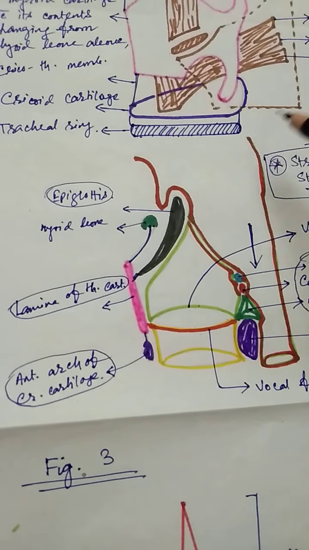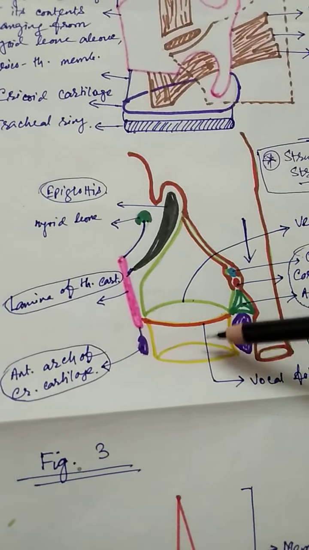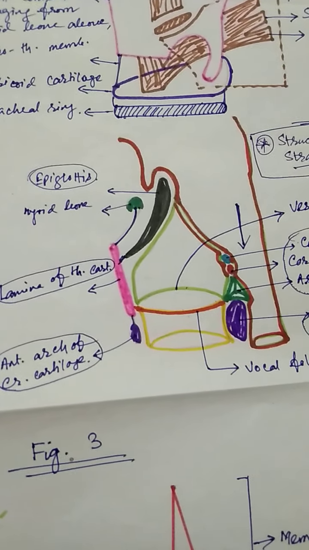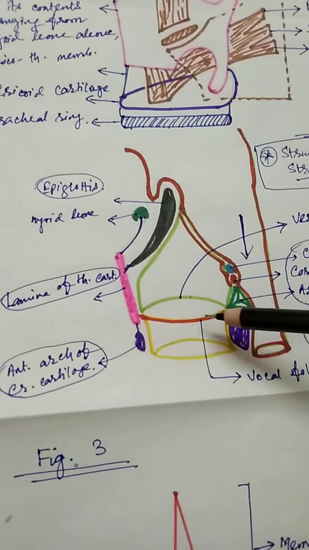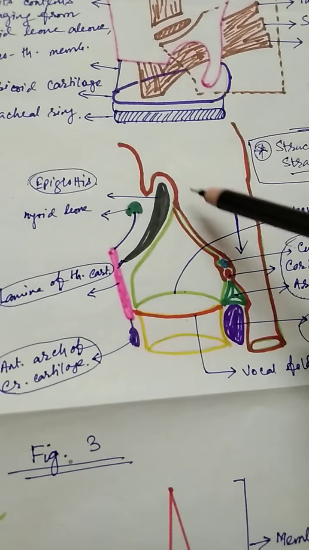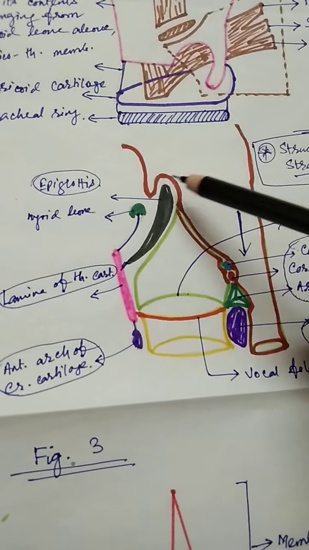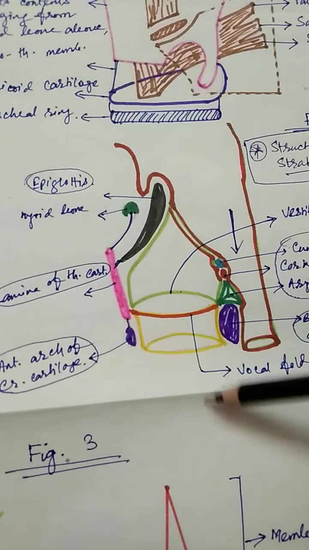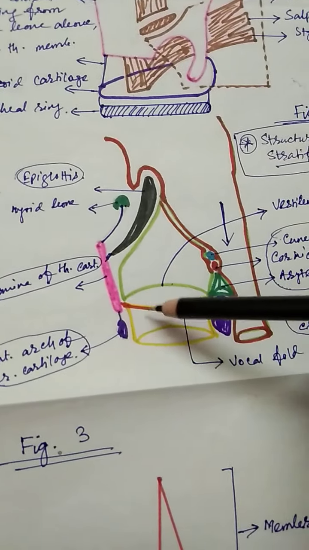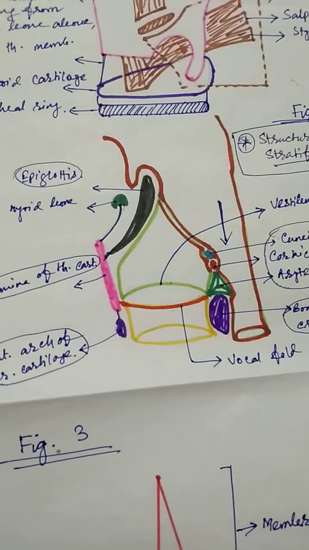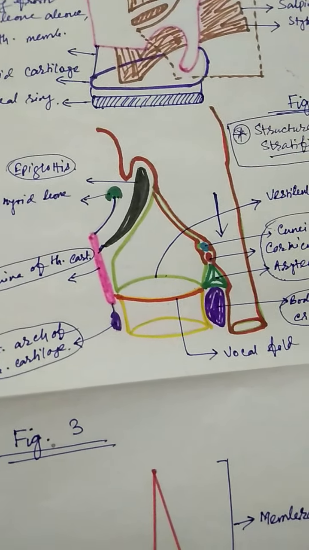Above the vocal fold venous drainage is by the superior thyroid vein, below by the inferior thyroid veins. Okay. And the lymphatic drainage also, above the vocal folds it is to the jugulodigastric and the prelaryngeal group of lymph nodes, but below the vocal folds it is to the paratracheal group of lymph nodes. Because of this the vocal fold is called the watershed line.